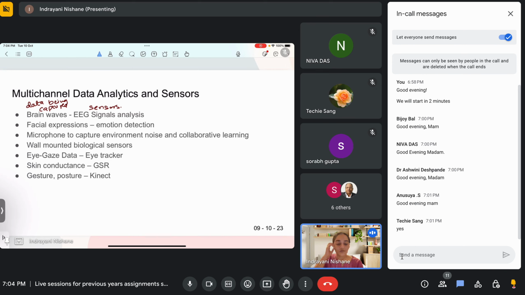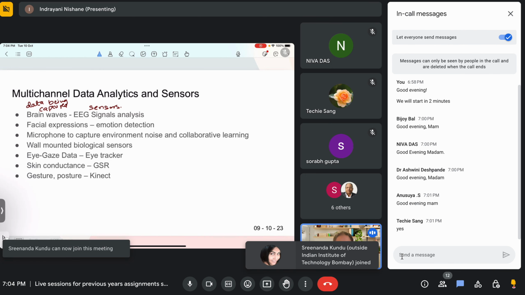Then obviously the most common thing is using a microphone to capture the voice data of the learners. Mostly this is used to capture classroom discourse, or to analyze the degree of collaboration happening in collaborative learning. For all those purposes, we need to capture what is being said by different team members in a team, or the conversation between teachers and students.